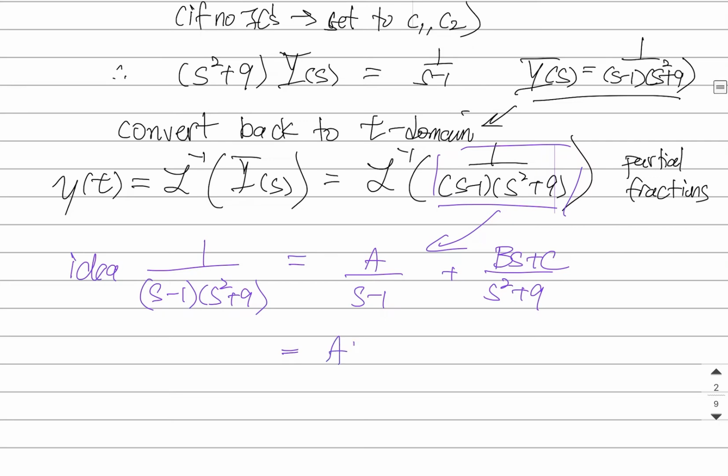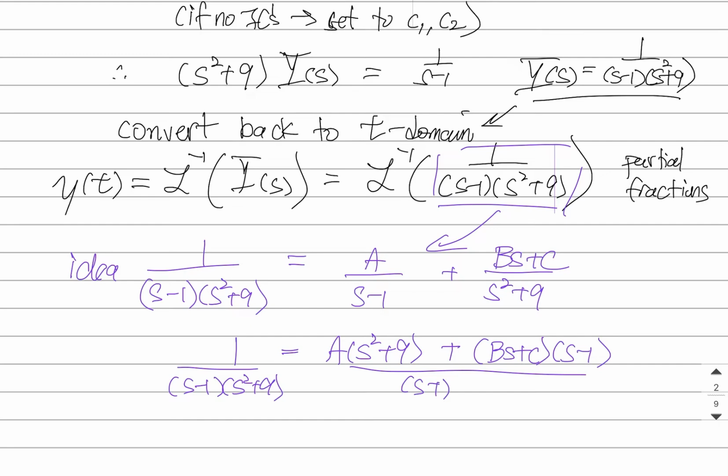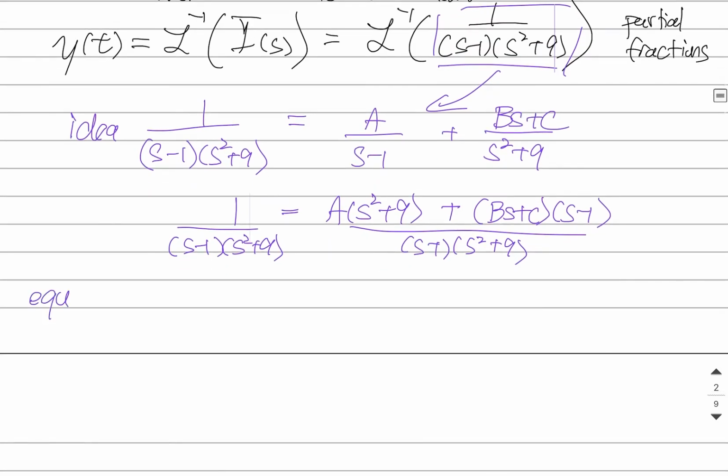If I were to put everything over a common denominator, this is the idea. And now everything here has the same denominator on both sides. What makes my life a little bit easier is that now I can equate the numerators. If these two expressions really are going to be the same, then their numerators need to be the same.